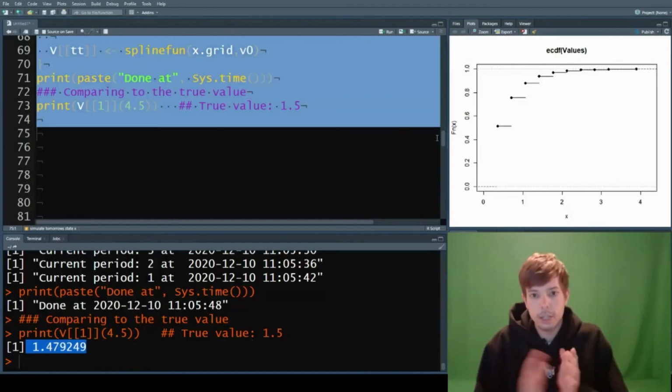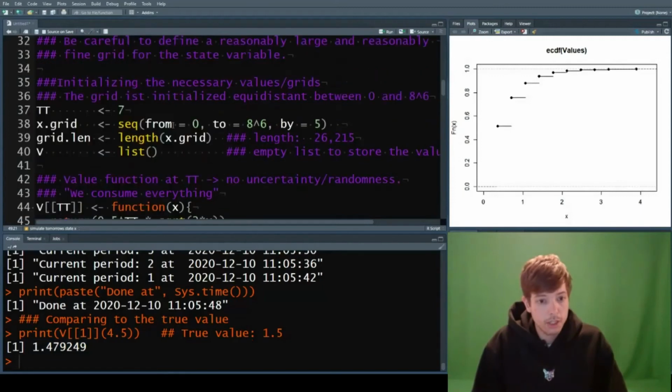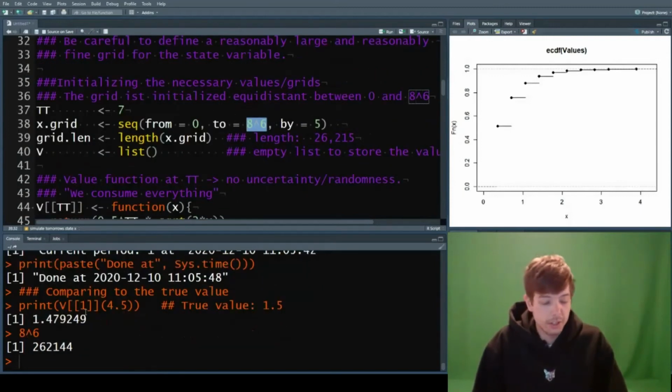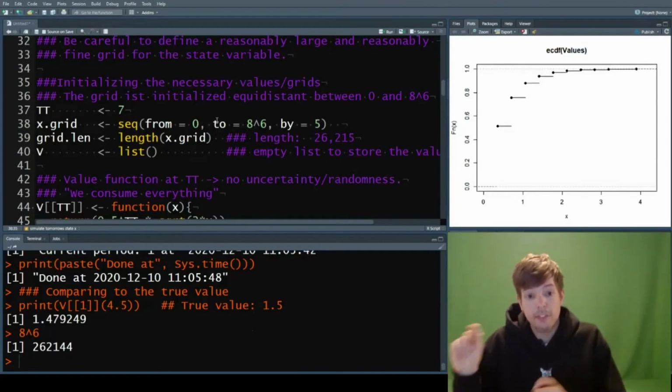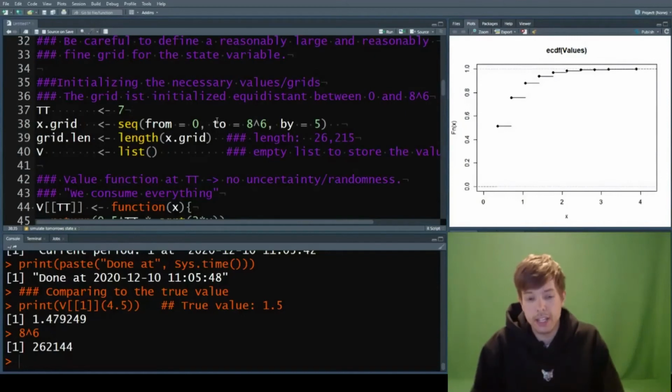If you look at this equidistant grid that goes from 0 to 8 to the power 6, and 8 to the power 6 is 260,000 and something, and you consider the stochastic nature of our process here, then you will only end up at 8 to the power 6 with a very low probability, 1/2 to the power of 6. So you end up there in only very rare cases.